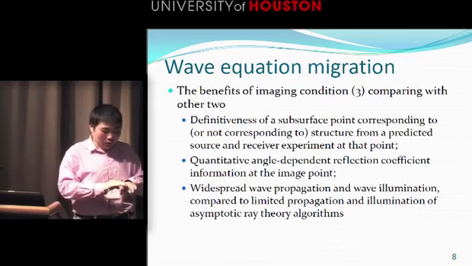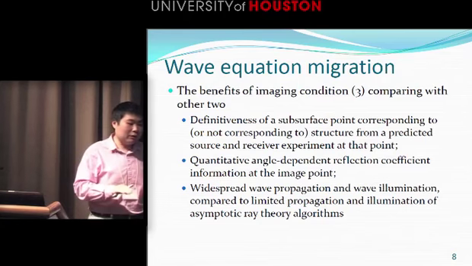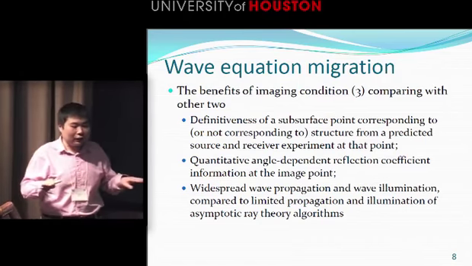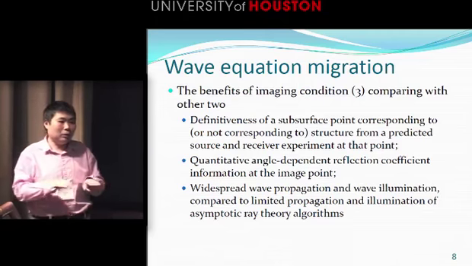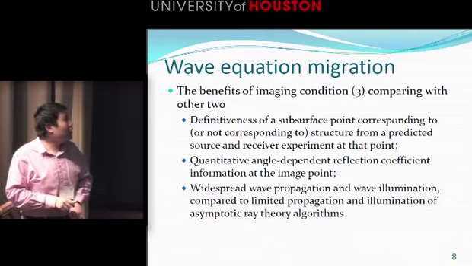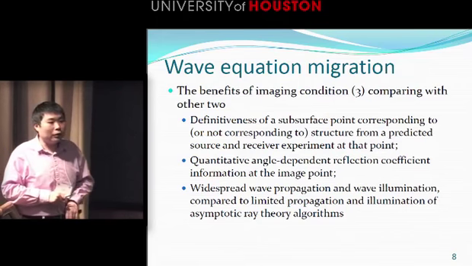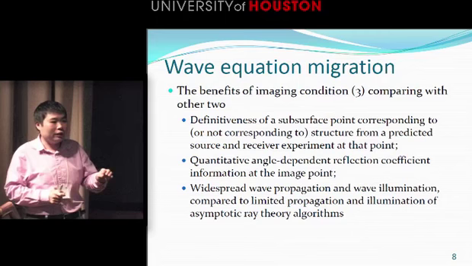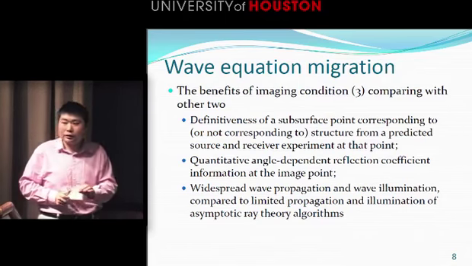The coherent part of the candidate will be enhanced, and then you get the structure map of the image. But for the wave equation migration, the image condition 3, you can tell whether a point belongs to a structure or not.